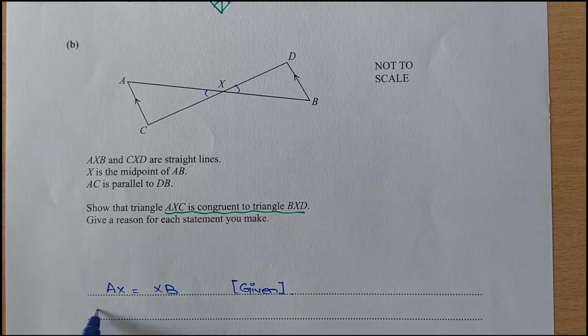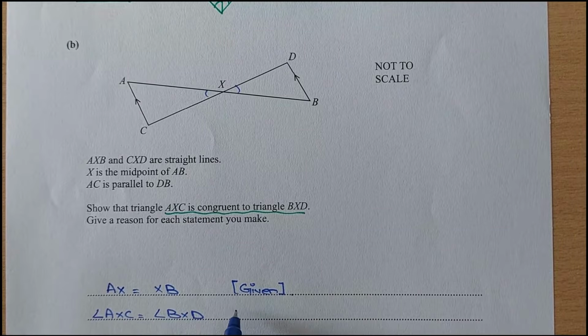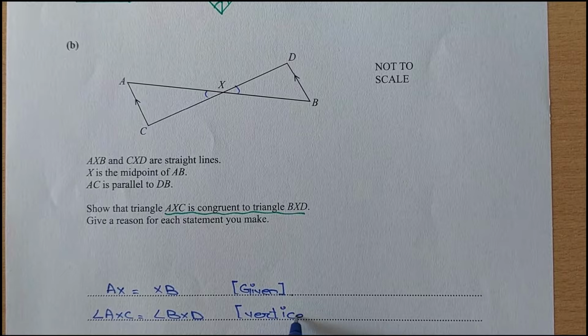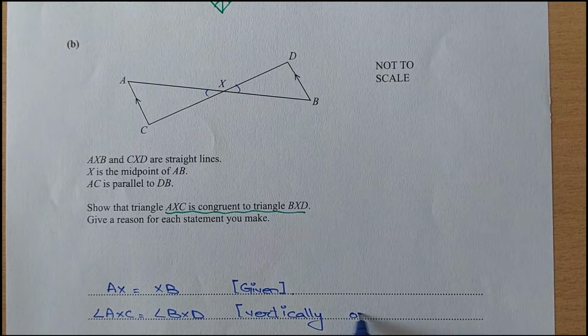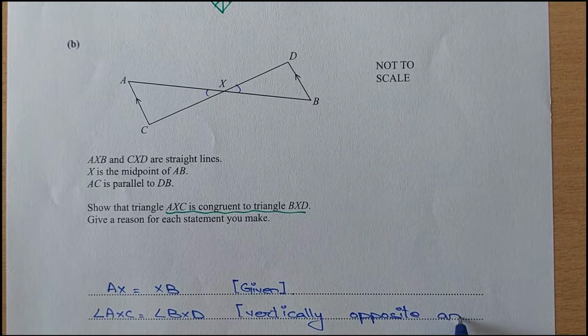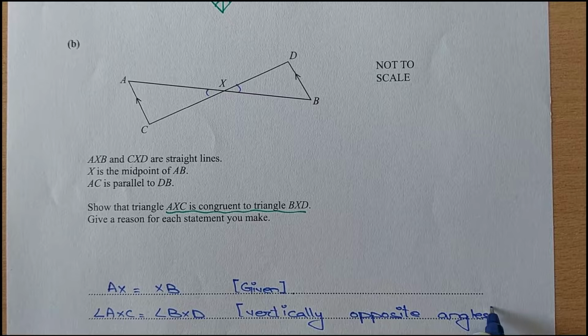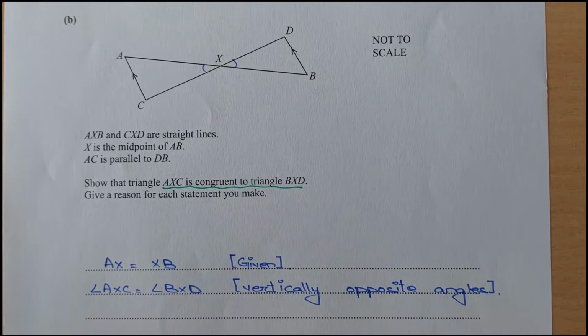So we can say that the angle AXC is equal to the angle BXD. These are vertically opposite angles. Okay, so one side and one angle we have done. Now let's check for the third.